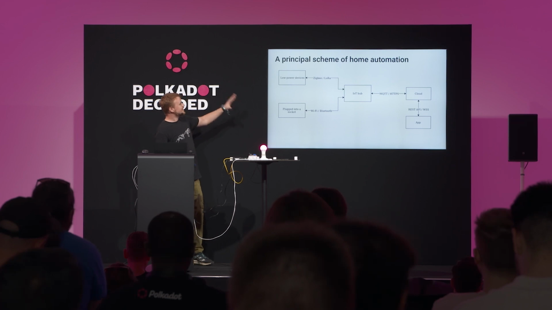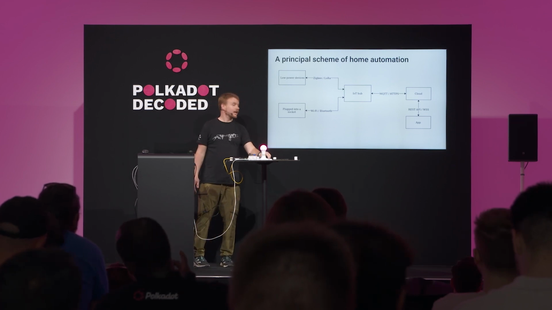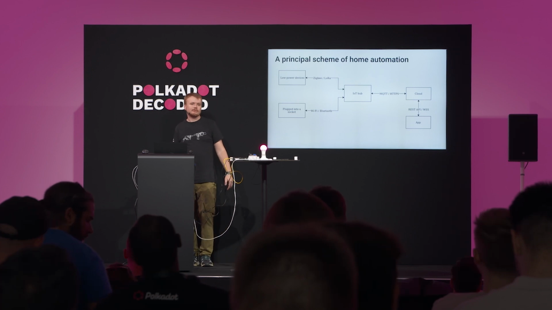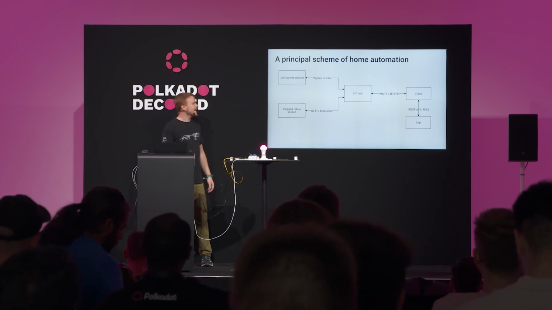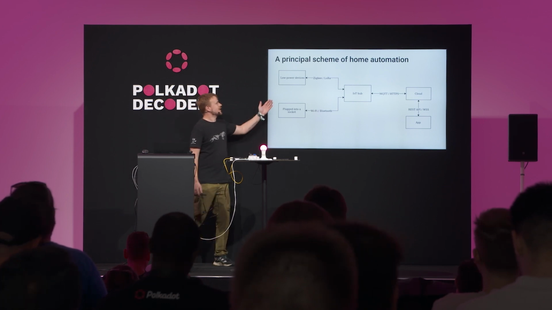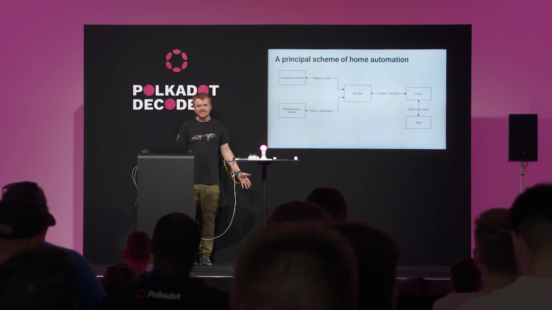And the data from your sensors will be collected by an IoT Hub. An IoT Hub is not a computer, it's more like a Wi-Fi router. The main idea of inventing the IoT Hub was just collecting data from different communication protocols.